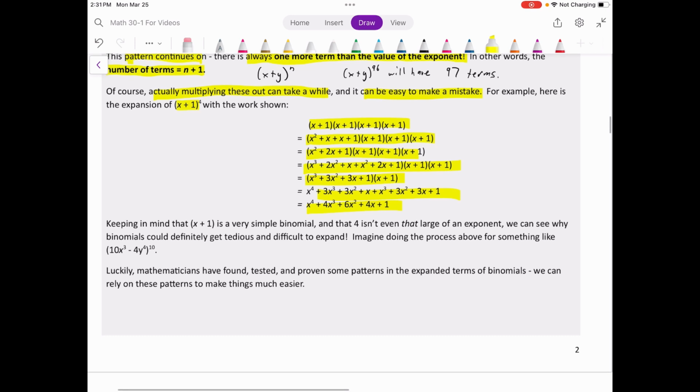When we keep in mind x plus 1 is a very simple binomial, it's just an x and a 1. And again, 4 isn't even that large of an exponent, really. In the grand scheme of things, something to the power of 4, that's not that big. So we can see why binomials definitely can get tedious and difficult to expand.